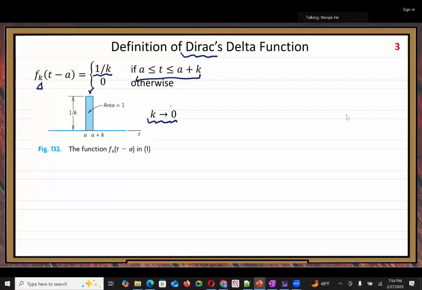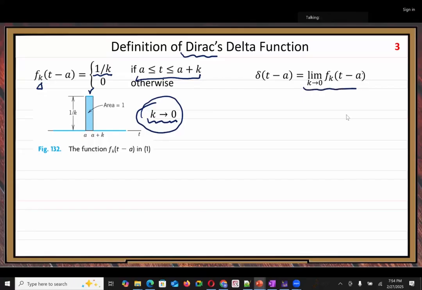What are the important k? When k is very small, those f sub k functions are important. When k is large, it's not important. So here you need to consider this special f sub k function. Then for the delta function, we use the limit way.